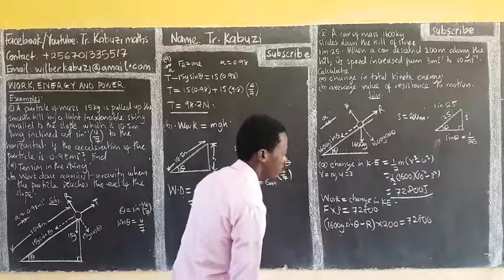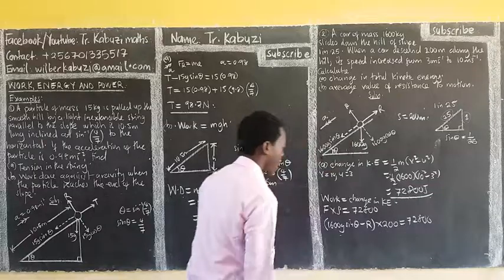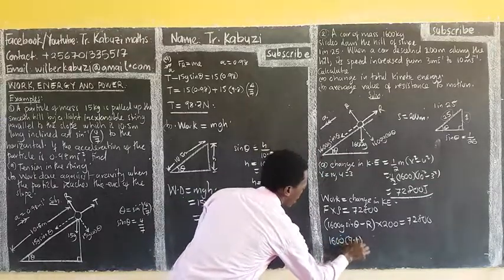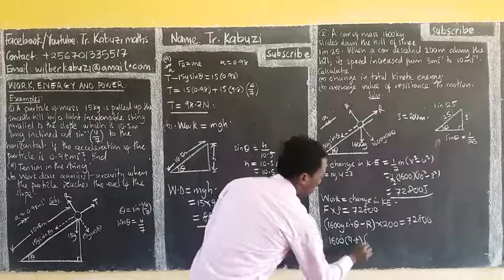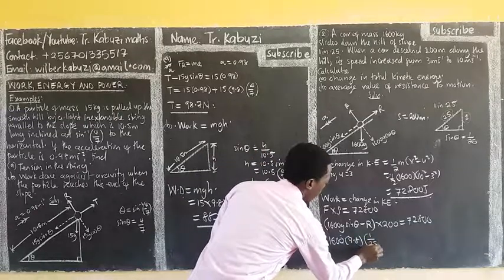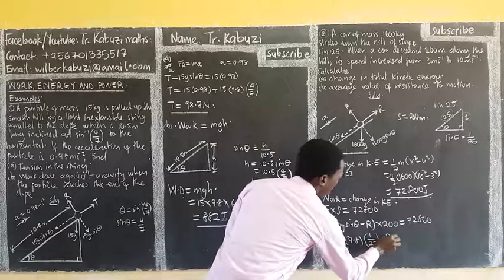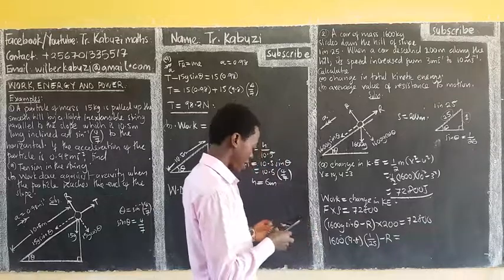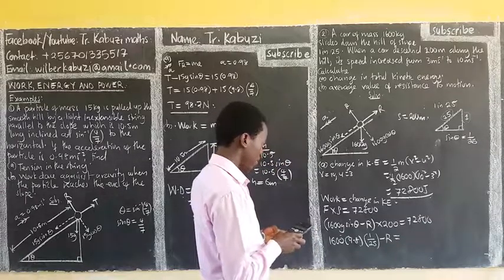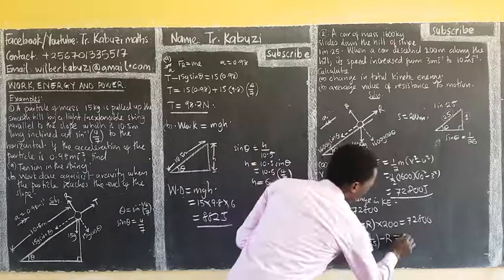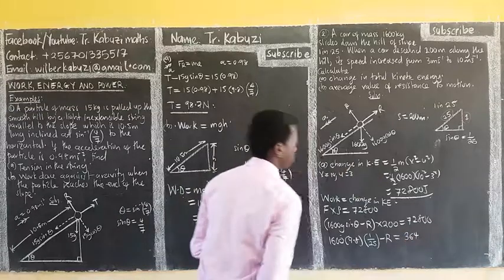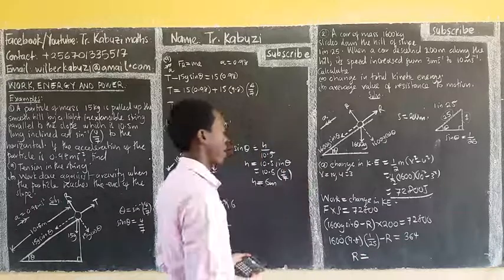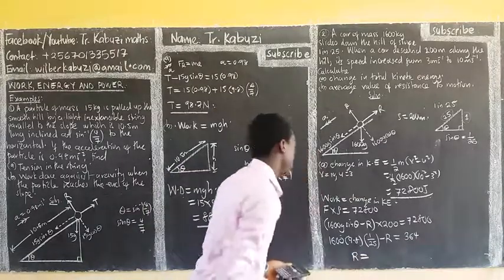From here, if we divide this side, we shall have 364. And so you can get your R, your resistance, straight away.